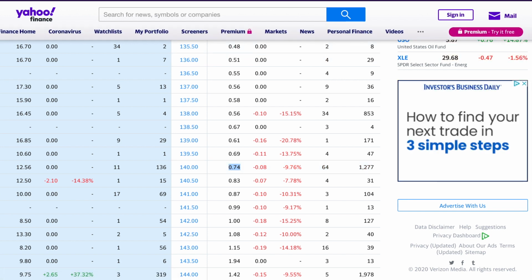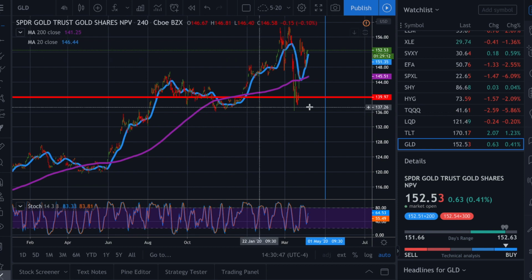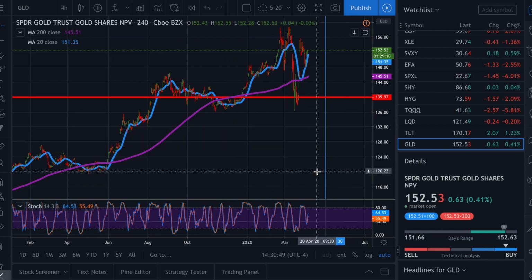Let's look at the payoff. If gold goes below the strike price, we start to profit. Our payoff goes up. That means that if it goes below 140, we can still sell it at 140, even though the price may be 120. If gold goes down to 120 by the expiration date, again, unlikely, but nothing is impossible, we get to sell it here at 140 and then buy it back immediately at 120.